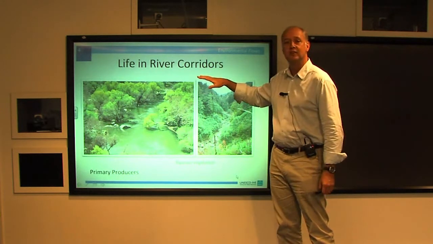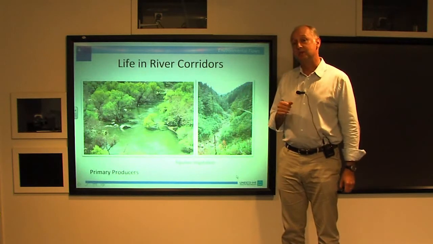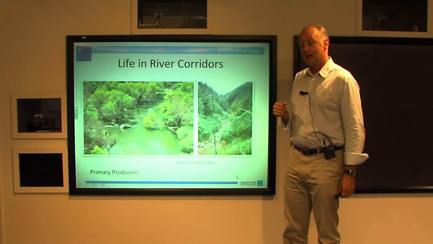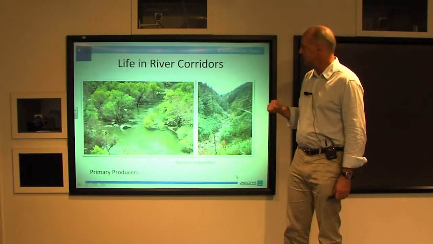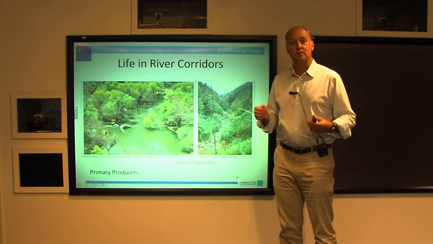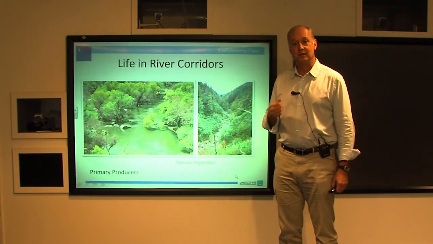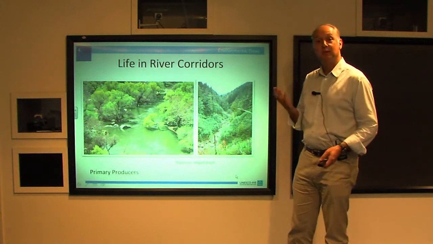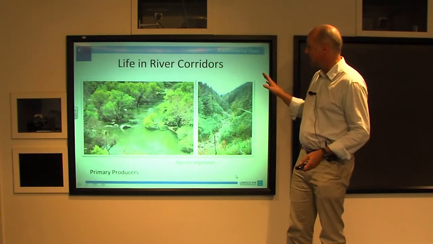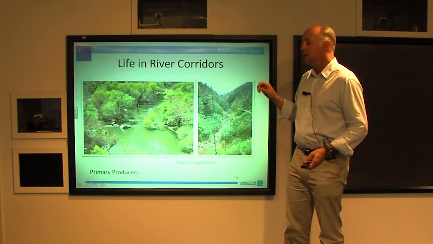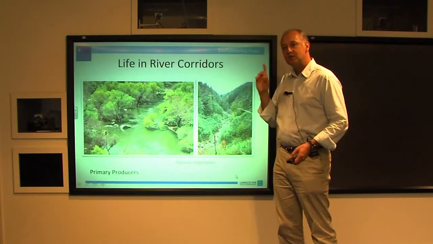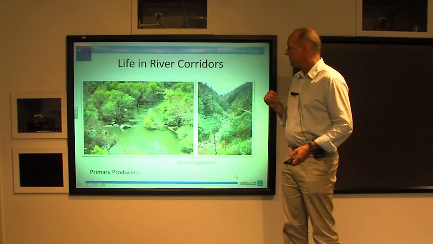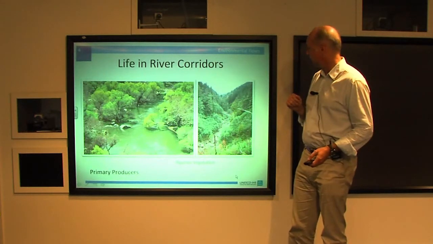Their structure, the cover they provide, modulates the temperature of streams and the edges of rivers. They're also providing, of course, a wide variety of services for humans. The wood that they supply, there might be medicinal and other valued services that come from riparian vegetation. Also primary producers, photosynthesizing with the light of the sun.